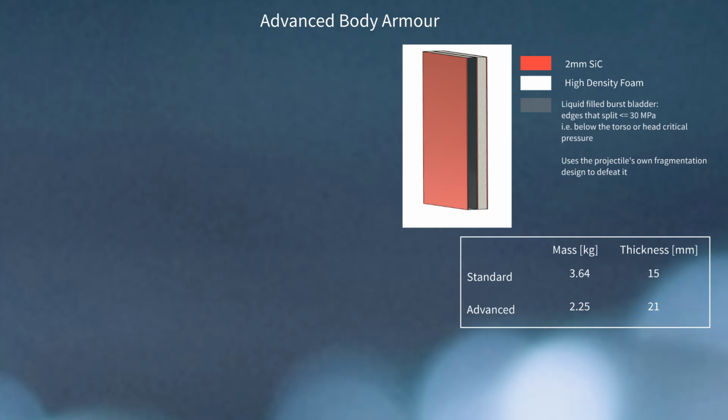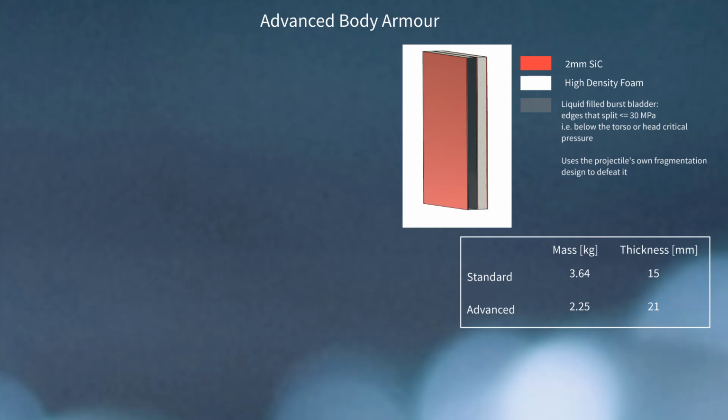The advantage here is we get a new design, not much thicker than the original 15mm armour, with the same protective effect for penetration, an improved pressure distribution, and a weight saving of around 40%.